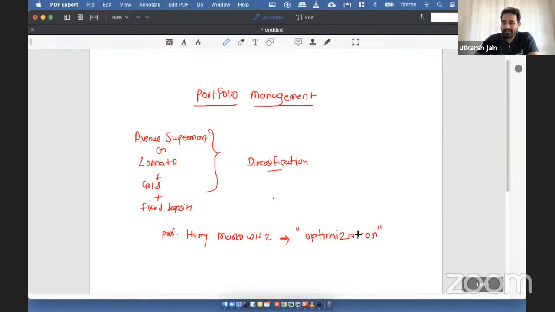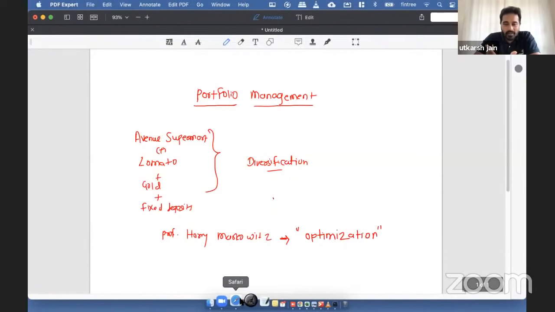And maybe this word is summarizing the entire session for us today. The entire portfolio management space is about optimizing the outcome within the constraints, right? We have constraints. Within that, we want to achieve maximum results.